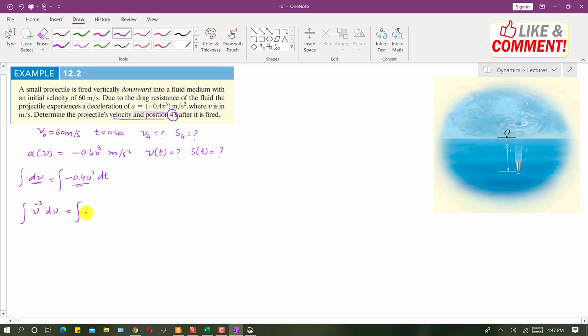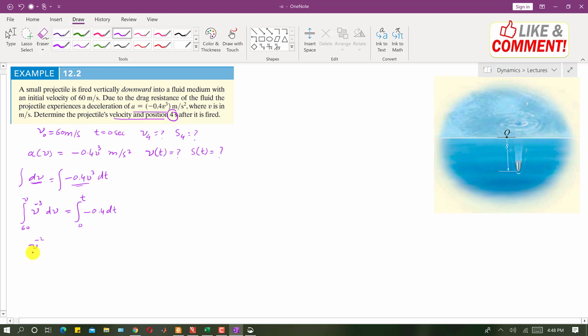So, this is minus 0.4 dt, and it is given that the initial velocity is 60 when time is 0, and we need to find the final velocity, and let us say that this is t from 0 to t, right. So, now we need to integrate this. So, now we know the integration. So, this will be v, we will add 1 to its power.